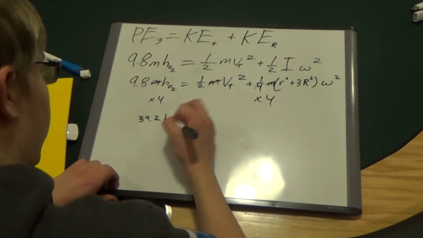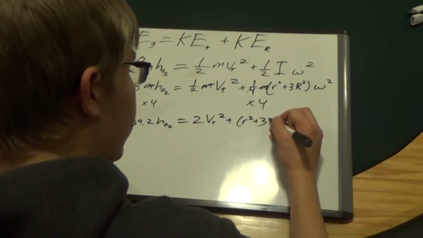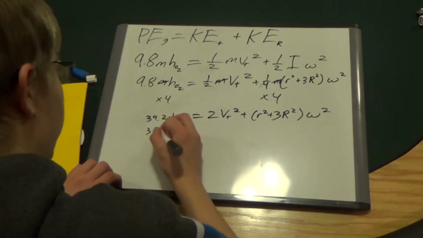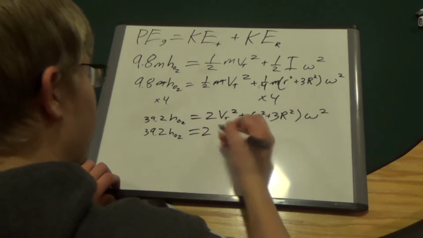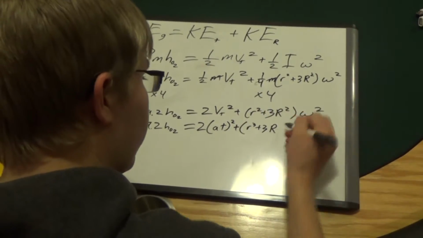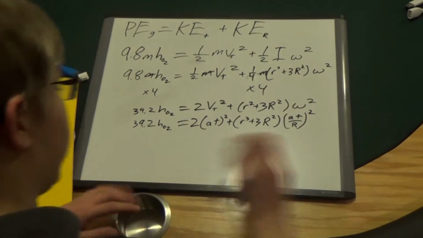Next I put in the moment of inertia, canceled out some things, and canceled out mass. Multiply each side by 4.